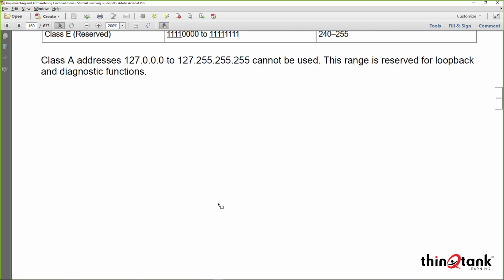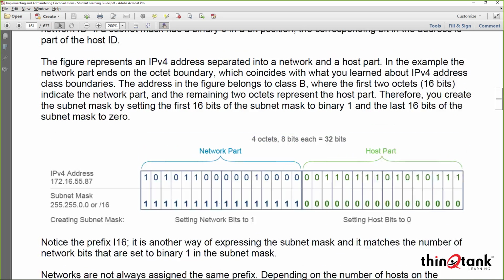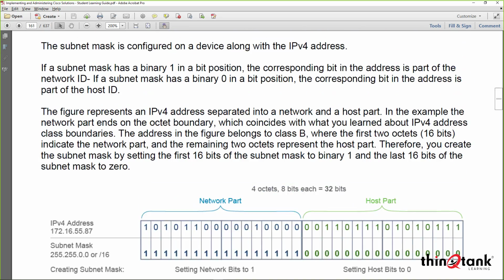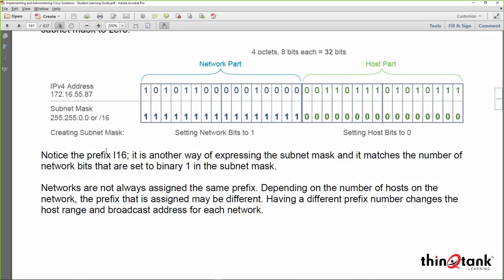All right? So the subnet mask. I've already mentioned this a couple of times. The subnet mask is really a way for us to define the makeup of a network. Again, the ones portion of the subnet mask corresponds to the network portion of the address. The zeros portion corresponds to the host portion. But here is the golden rule for a subnet mask.